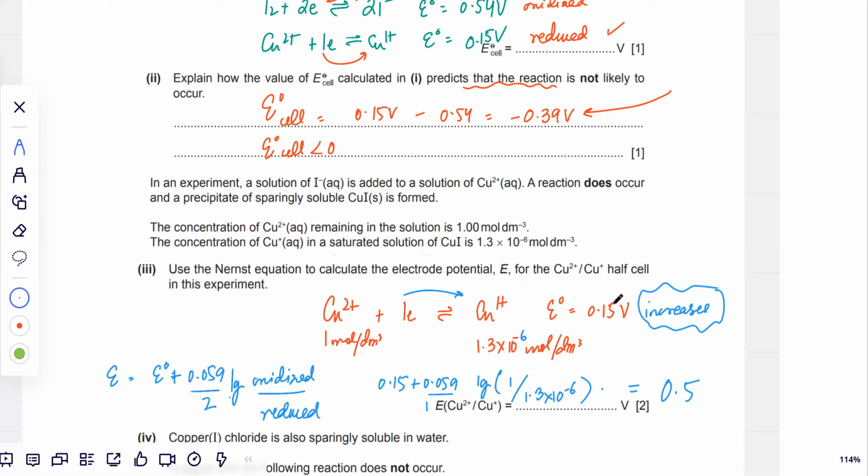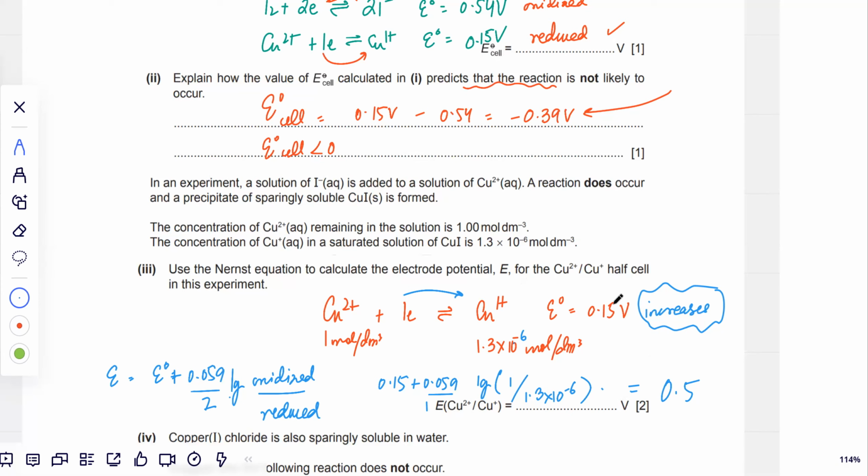Yes. Okay, because under standard conditions, the reaction is not feasible because this is not the higher potential. But under non-standard conditions, this becomes the higher potential. It becomes 0.5. And that one would probably be slightly lesser because I2 is sparingly soluble, so equilibrium would shift to the left. It's going to become more negative, so this one would become lower and this one would become higher.